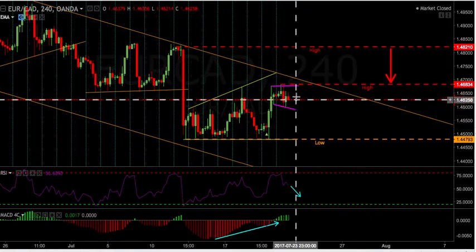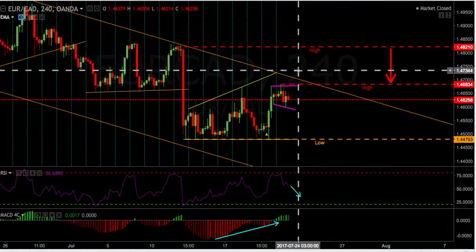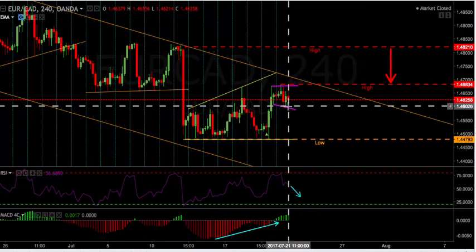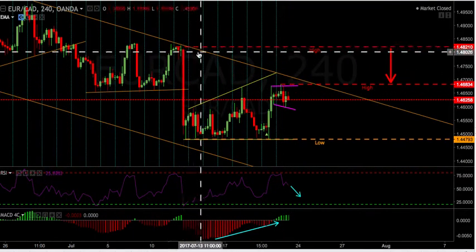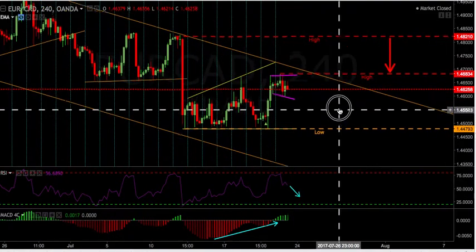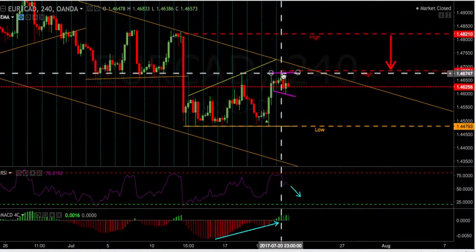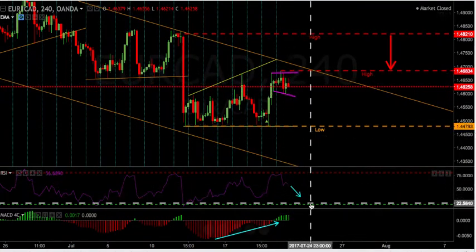So if for some reason when the market opened, it broke bullish and broke out of this pattern, I could at that point change the sentiment, because it will be now a bullish break of a pattern and the sentiment could change. But right now we're still anticipating price to break out of this magenta channel and go back down.